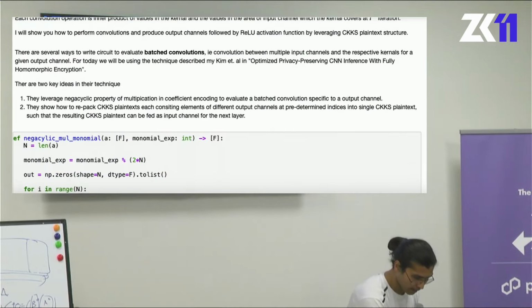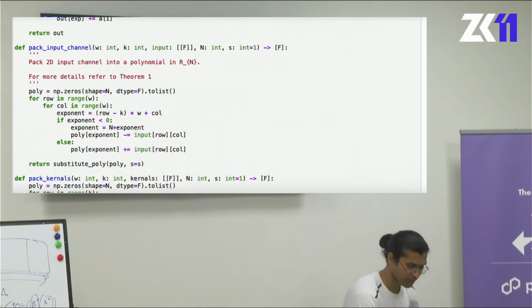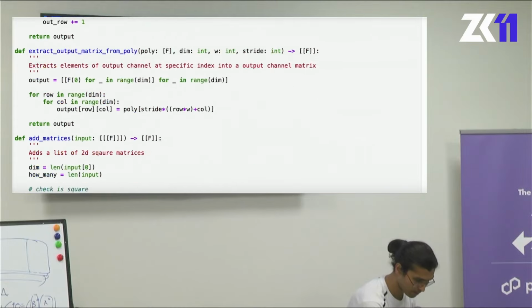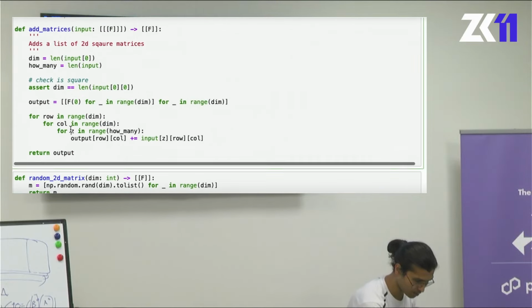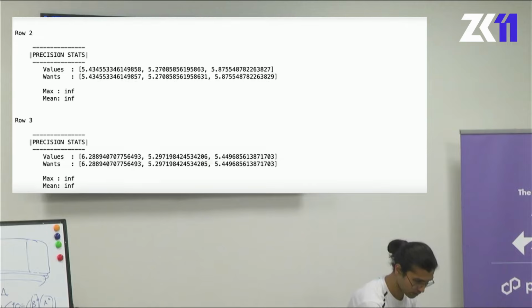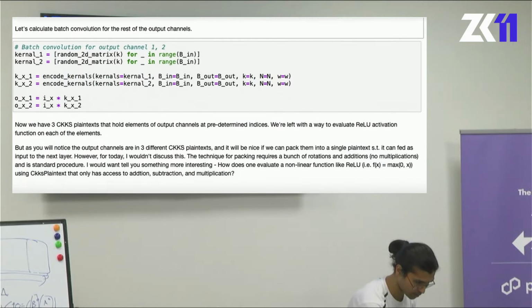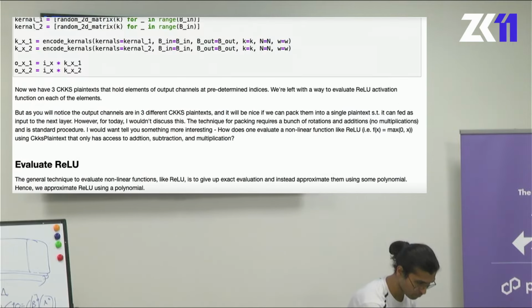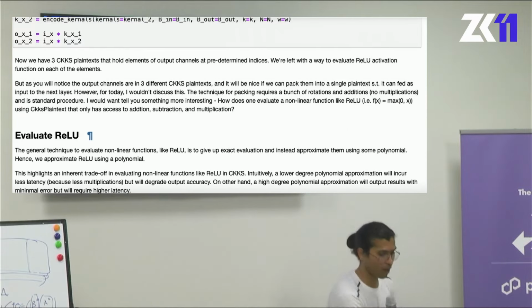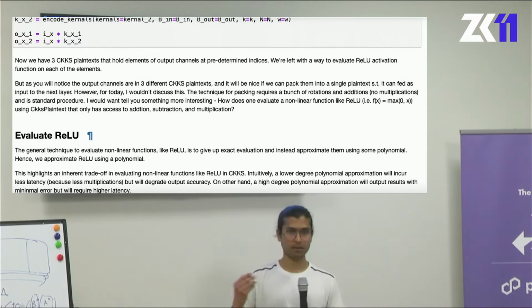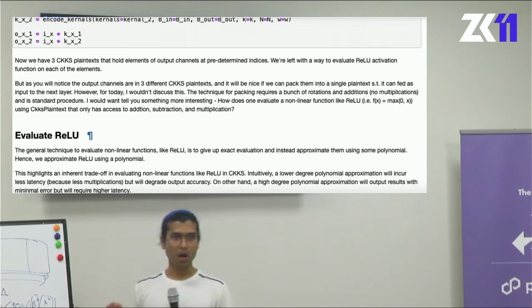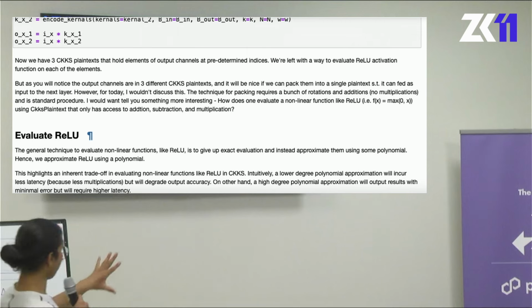Now, over here I've shown how to do that, but I think this is the boring part, which is why I would like to move on to the more interesting part, which is how do you evaluate the ReLU activation function after you're done with this convolution, and after you've got this convolution output?